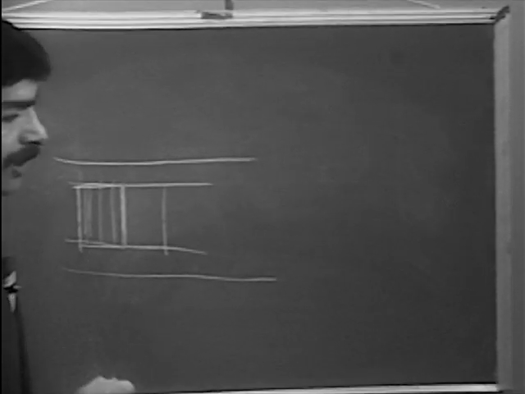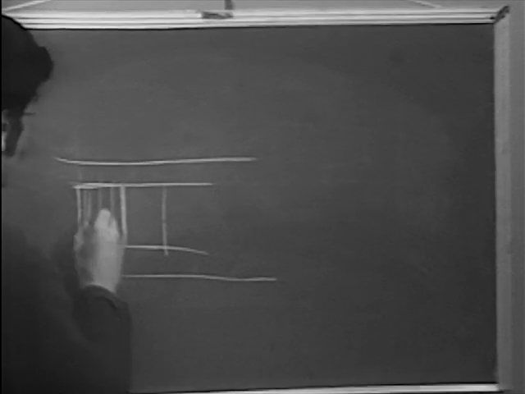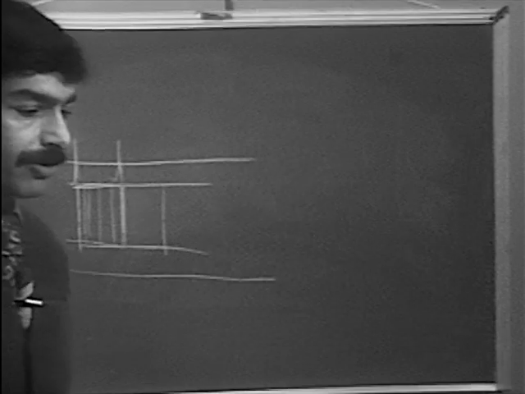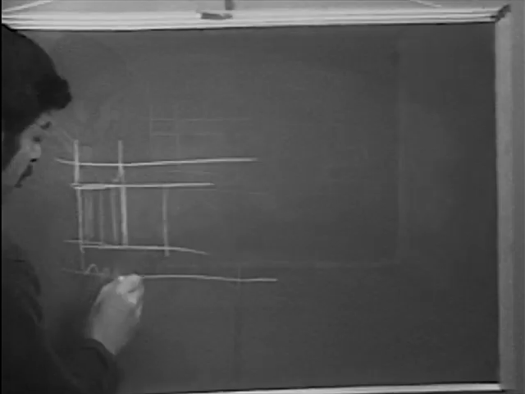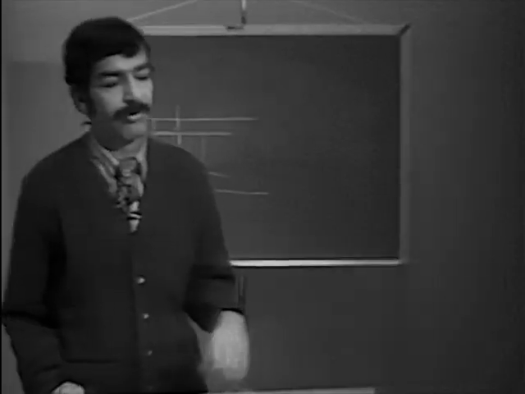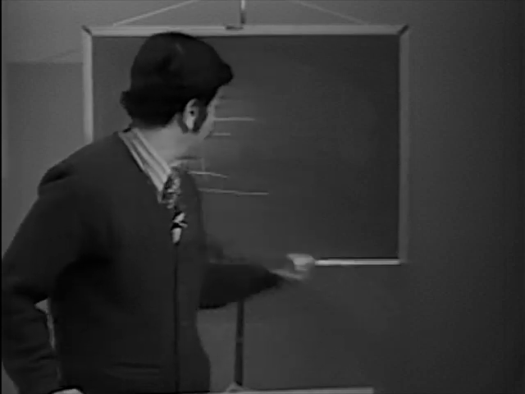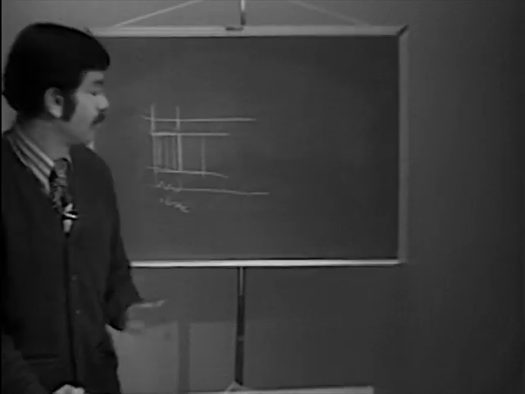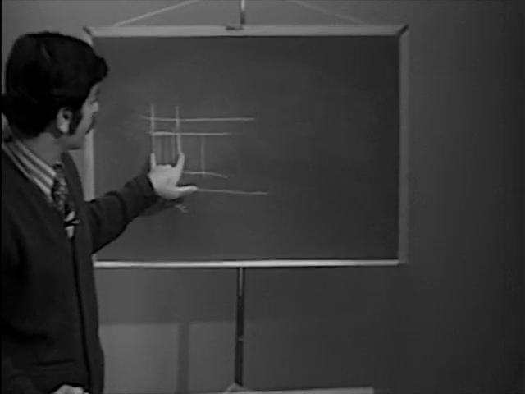Okay, so the question I'm asking now is, what would the heart rate be if you had a beat occurring every one of these intervals? These really are 0.2-second intervals. What would your heart rate be if you had a beat occurring every 0.2 seconds? Okay, every one of those small divisions.